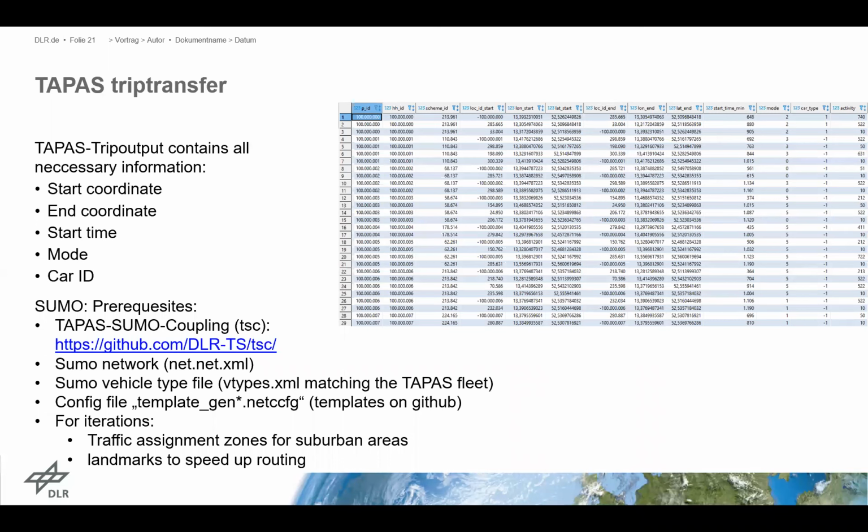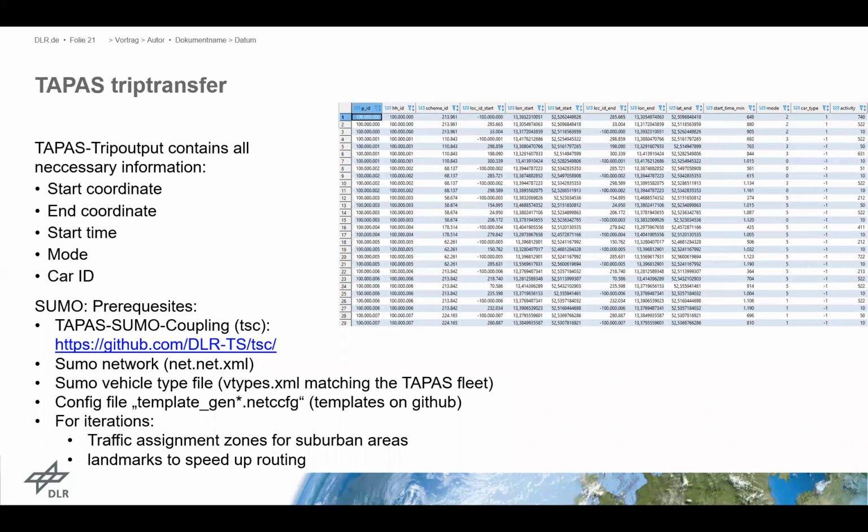And for generating your template folder and perhaps some pre-processing and post-processing steps, fixing traffic lights, junctions, defects, or whatever, you need some net config files. But usually you just need these three files: the net file, the vTypes file, and a net config file. Then you can generate a folder for SUMO, which is necessary to input all the TAPAS output into SUMO.